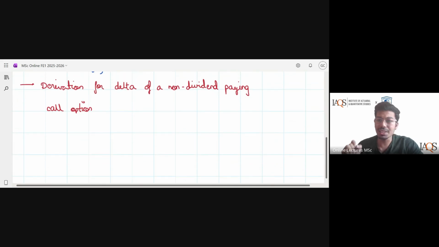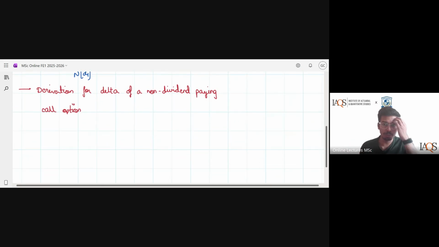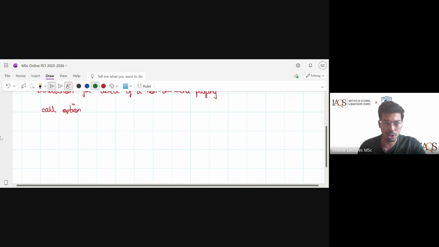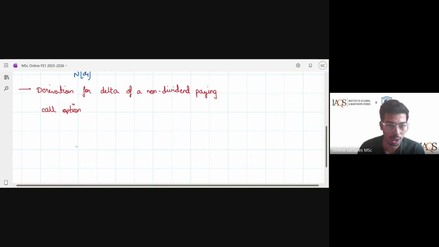Now, as a starting point, whenever you don't know, you start right from the first principles. For the call option, what information do I have till now? I know that C0 is equal to S0 Φ(d1) minus K e raised to minus rT Φ(d2). This is what I know.